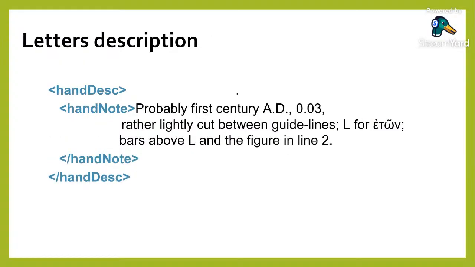And about the description of the letters, again, there are different things that we might be interested in. Say here that we want to group our inscriptions based on their letter heights. This is information that can be given there.